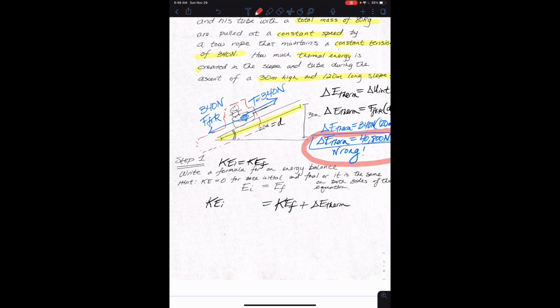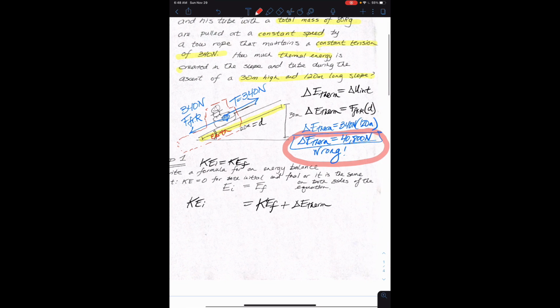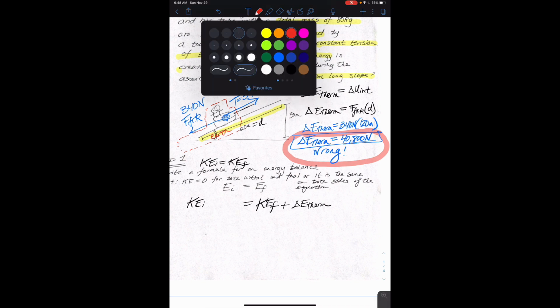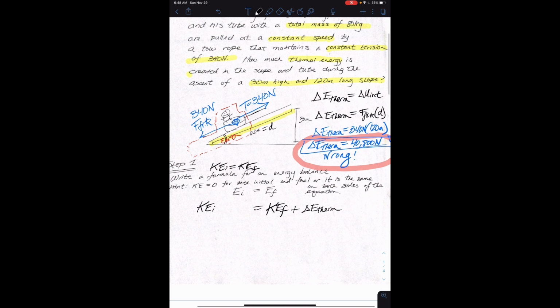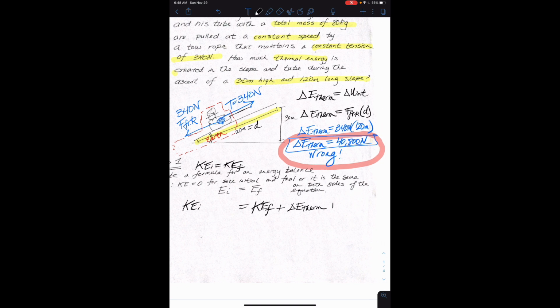We can just call that the earth down there, and that's fine because we are going to have gravity here as well. The person's going to start at the bottom of the hill, so there won't be any initial potential energy, but when they get to the final part, there is going to be gravitational potential energy.